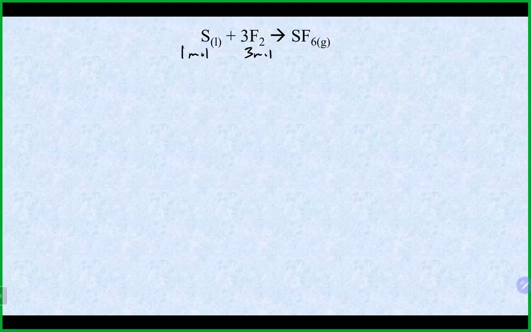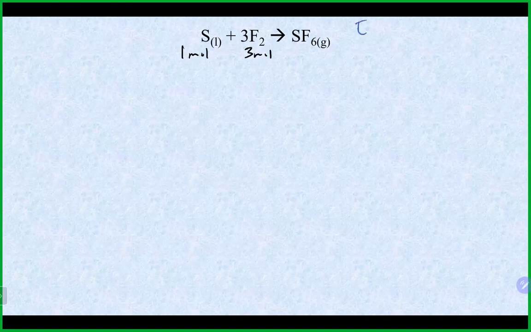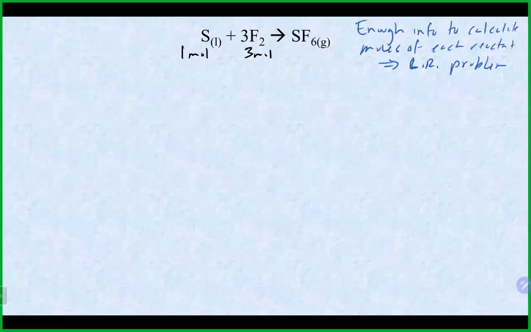And the way that you know it is a limiting reagent problem is if you look at the equation and you have enough information to get to the moles of each reactant, then you know this is a limiting reagent problem. So that is the major thing that you are looking for.